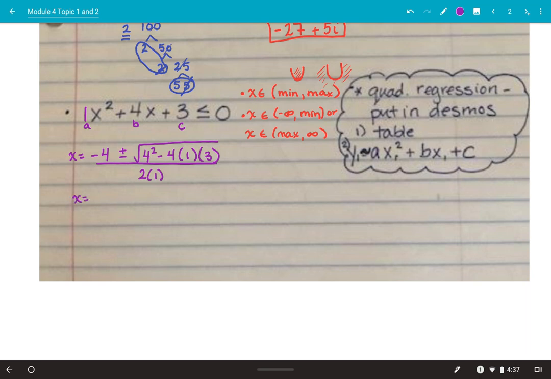And then you simplify. Do what you can first. Do the easy steps first. Then bring out the calculator, right?